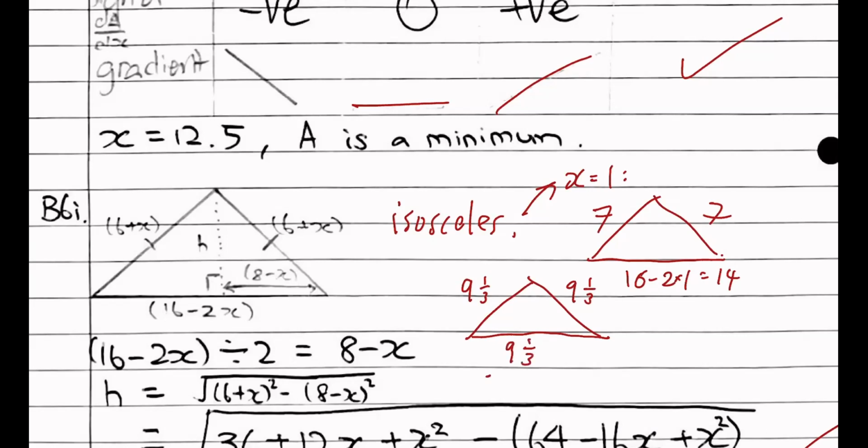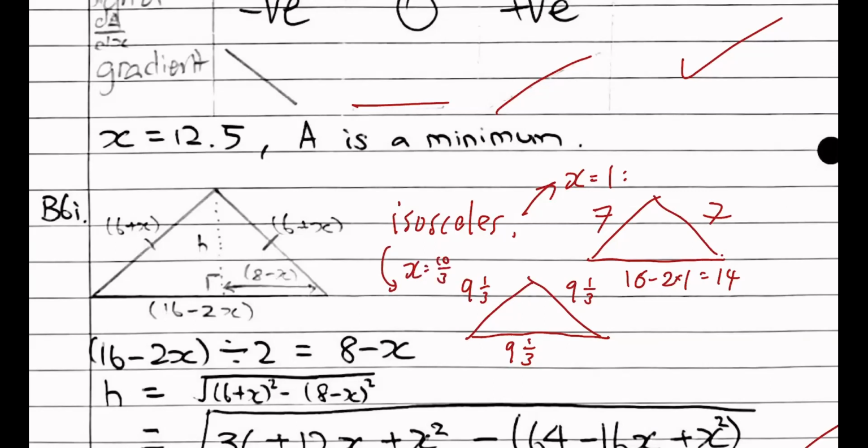Go and check. I'm just substituting with x equal 10 over 3, then converting into a mixed number.